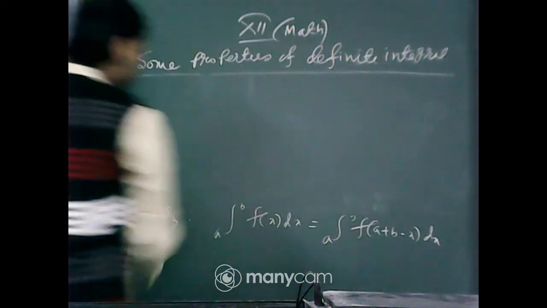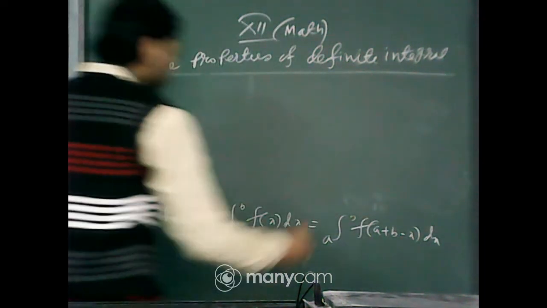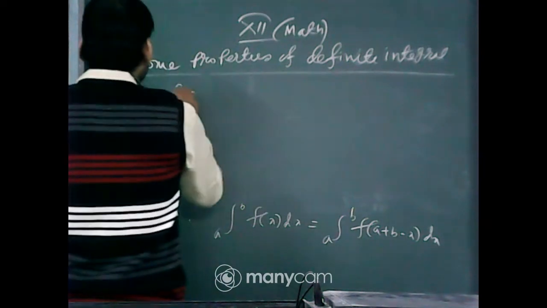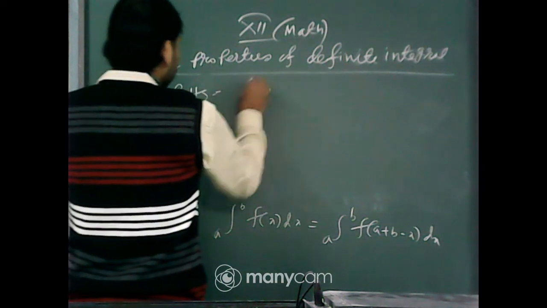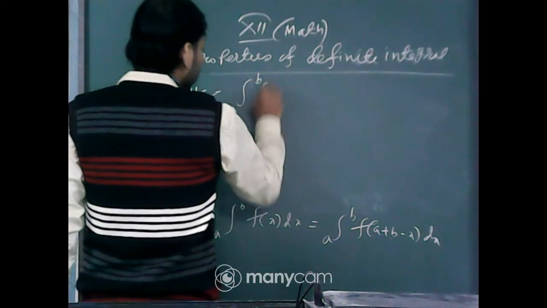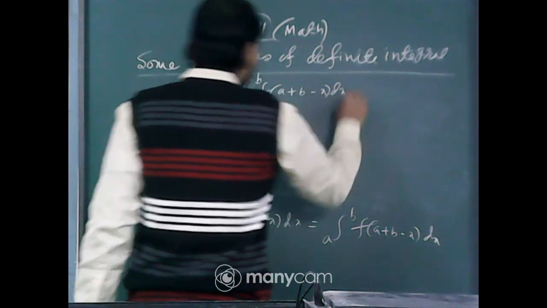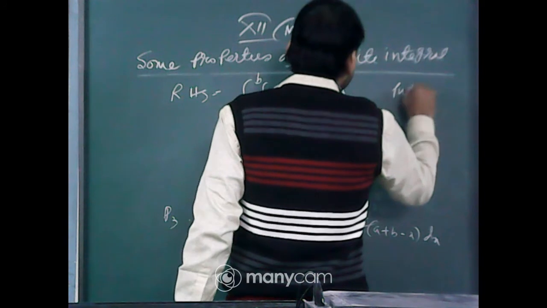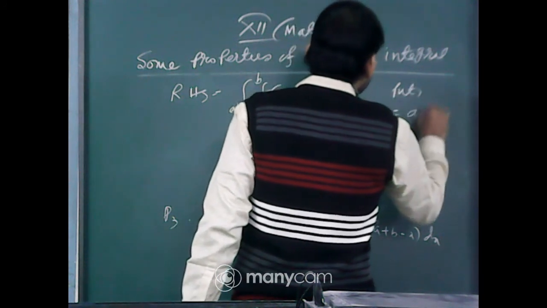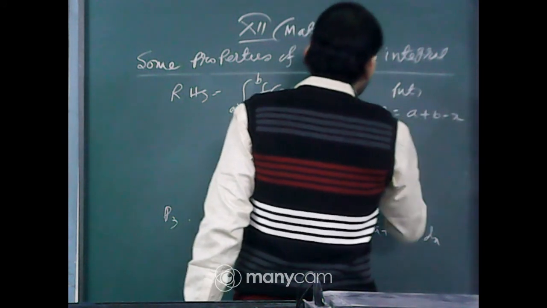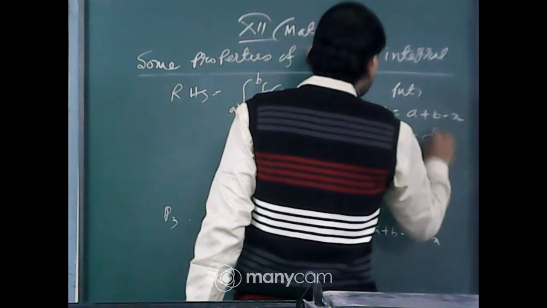Starting from RHS, it will be a to b f(a plus b minus x) dx. Just put z equals a plus b minus x. So dz equals minus dx.